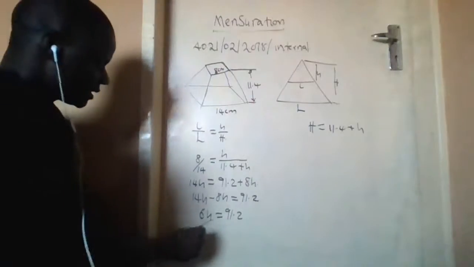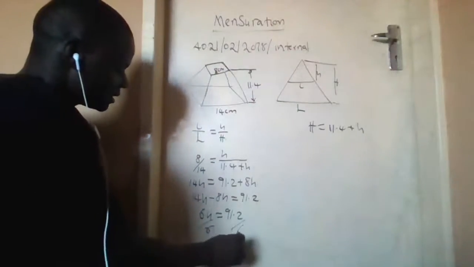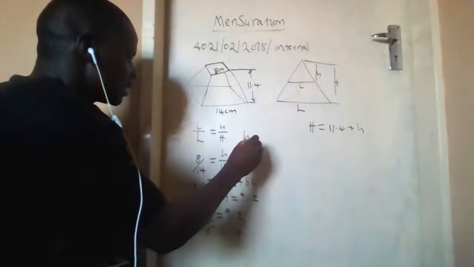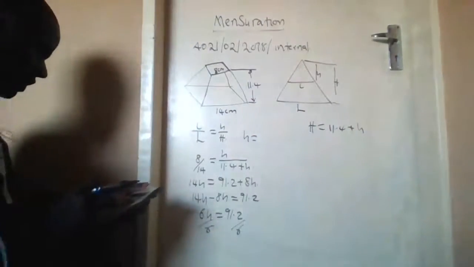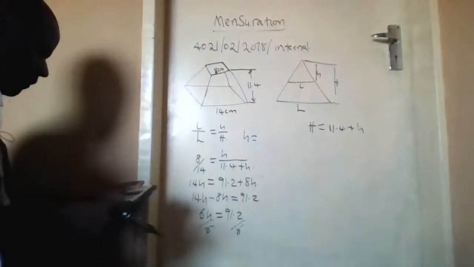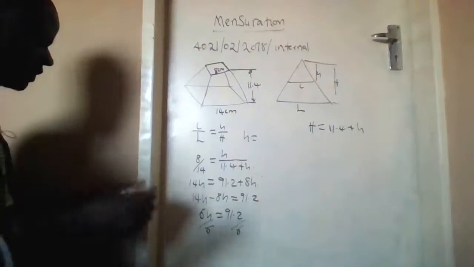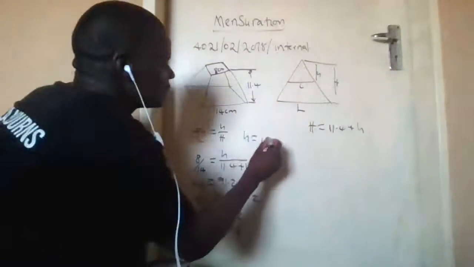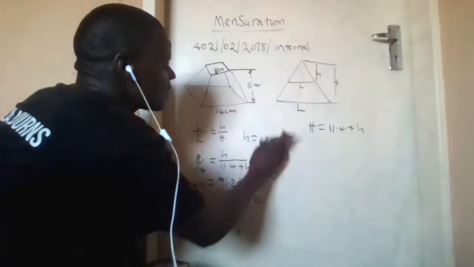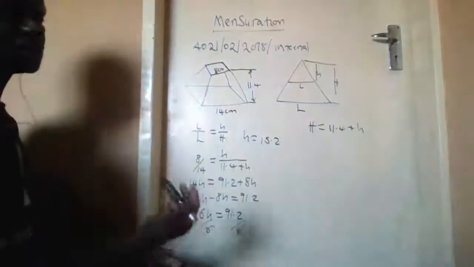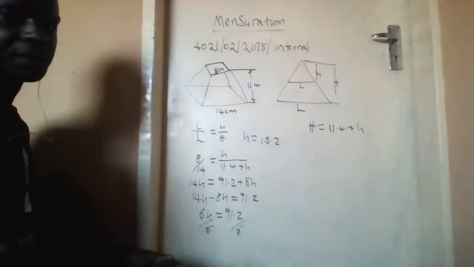Then we divide by 6 here, and we also divide by 6 here, so that our small h will be 91.2 divided by 6, which gives us 15.2. So this 15.2 is our small h. It is just a simple process.